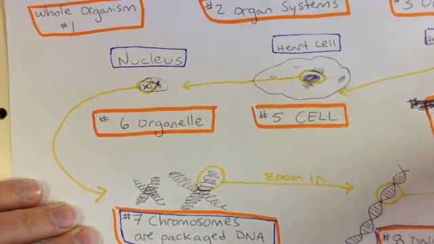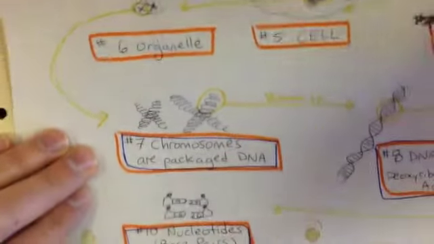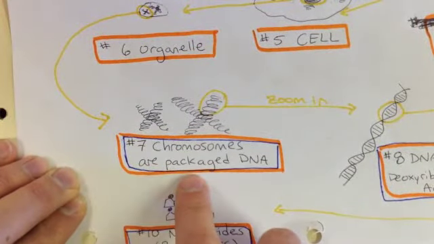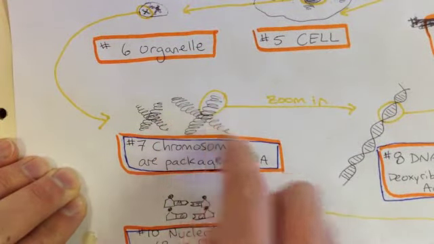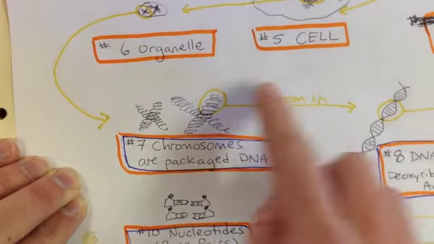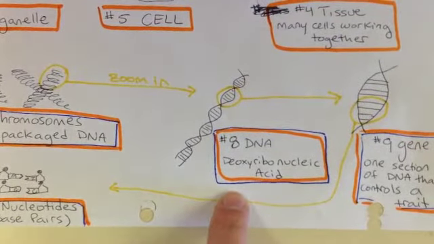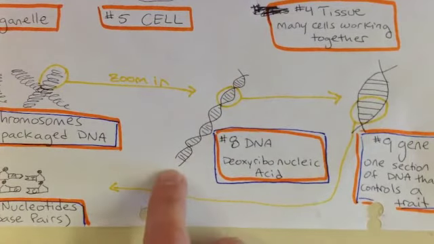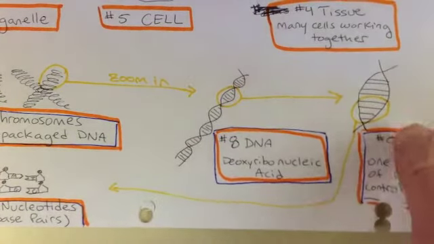And we looked at the nucleus because we wanted to specifically check out chromosomes, which are packages of DNA that's nicely put together. If I zoom in on just one piece of the chromosome, I see the DNA itself, deoxyribonucleic acid. This is the blueprint, the code for a living thing.